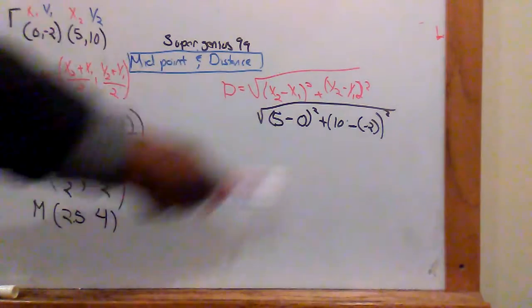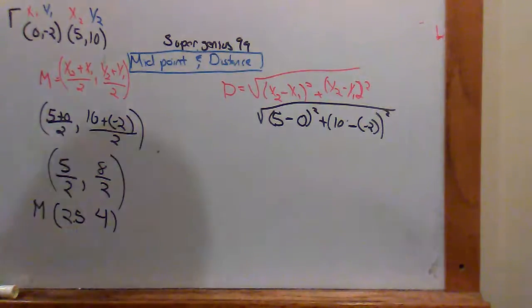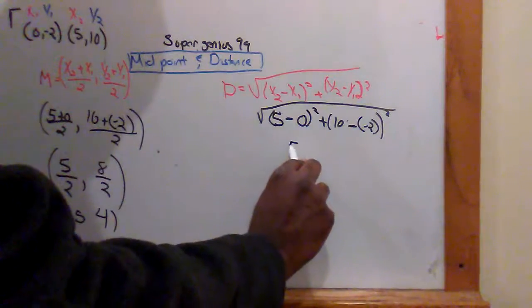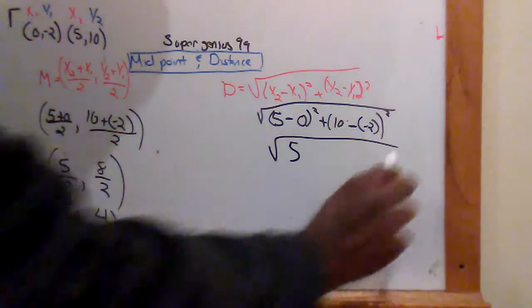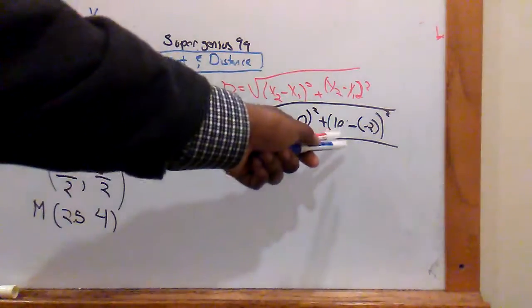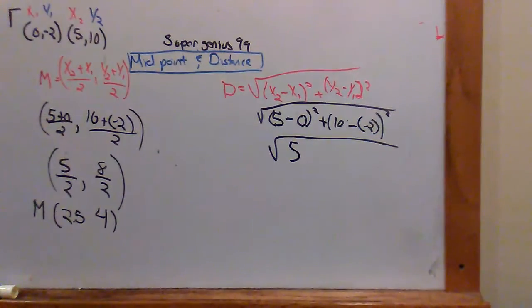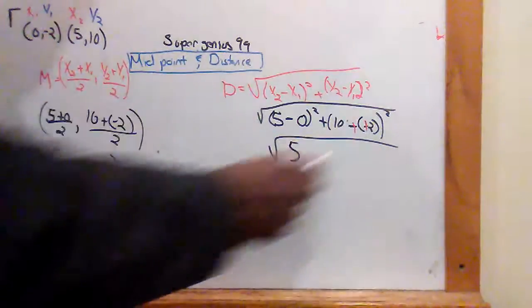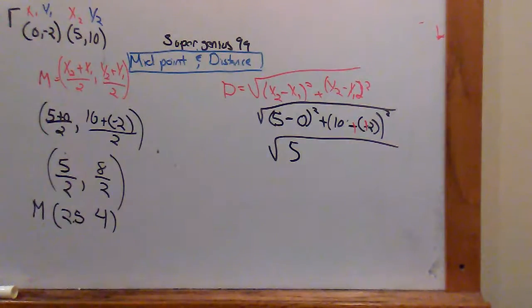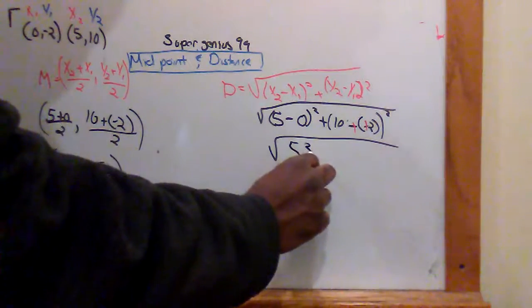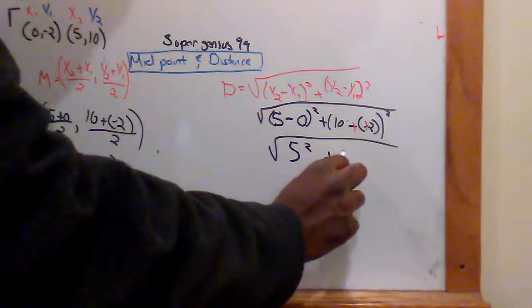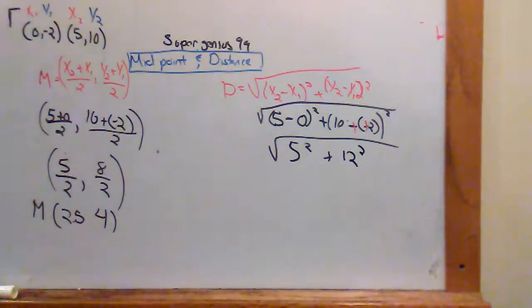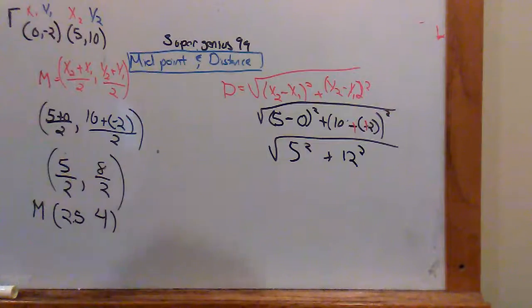Okay, so 5 minus 0 squared. So 5 minus 0 is just 5. And 10 minus negative 2, what do you do there? Add a line, change the sign. So 10 plus 2. Okay. So then square 5 and square 12.